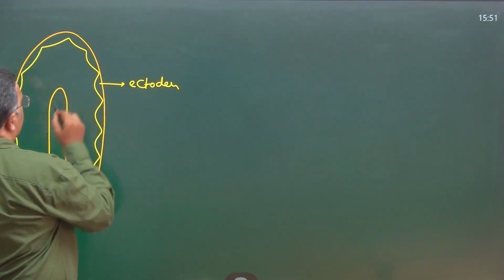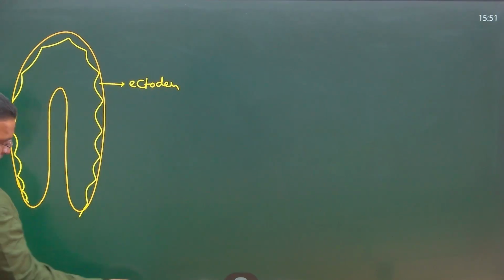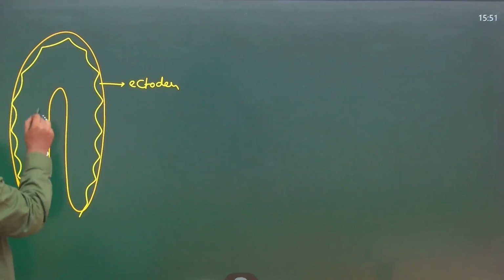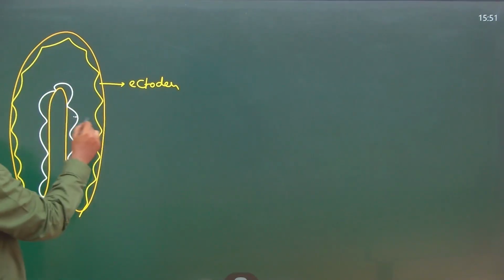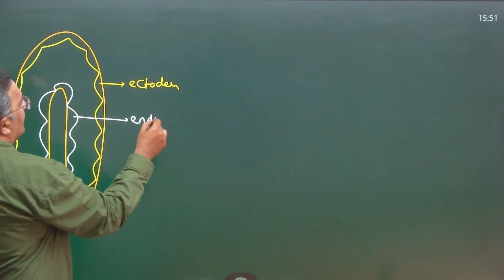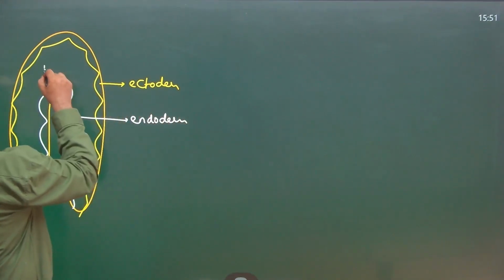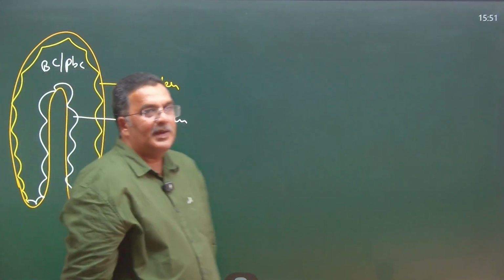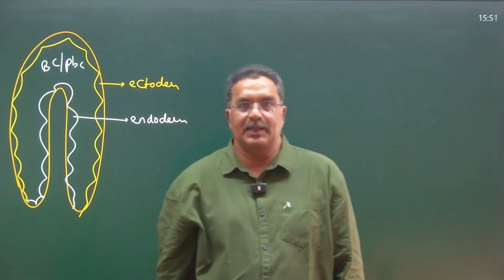And let's take another color, endoderm. This is the inner layer, endoderm, and this is the cavity, we said blastocoel, or you may call it the primary body cavity.